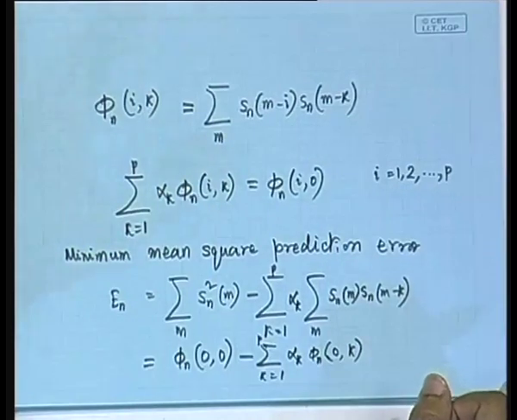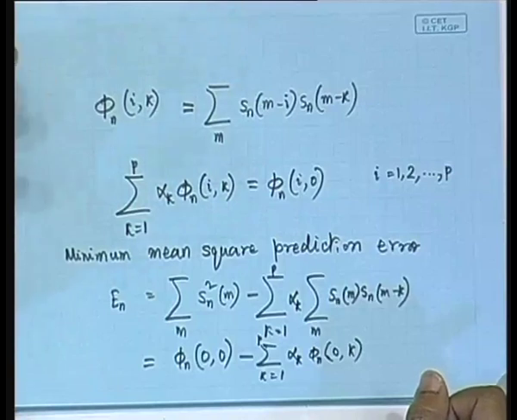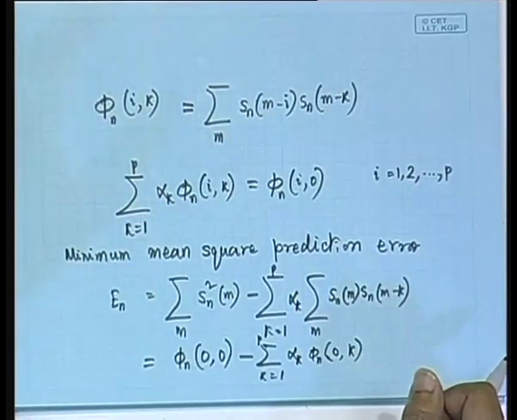Let us remember this, and now we go over to one of the computational approaches to the solution of these alpha k, and this approach we will describe as the autocorrelation approach. In fact, there are two very popular approaches.